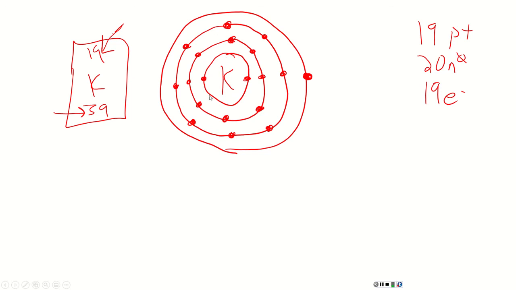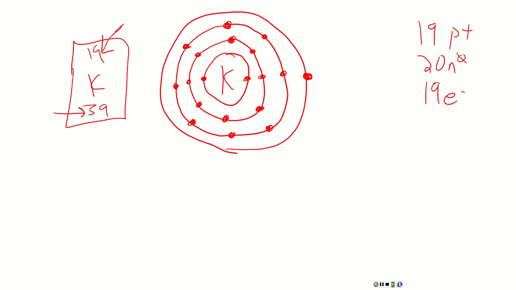And then I have to draw my electrons in all of these shells. 2 in the first, 8 in the second, I still need more. So 8 in the third, I still need more. 1 in the fourth. So that's 19 electrons. And that's how we draw potassium.